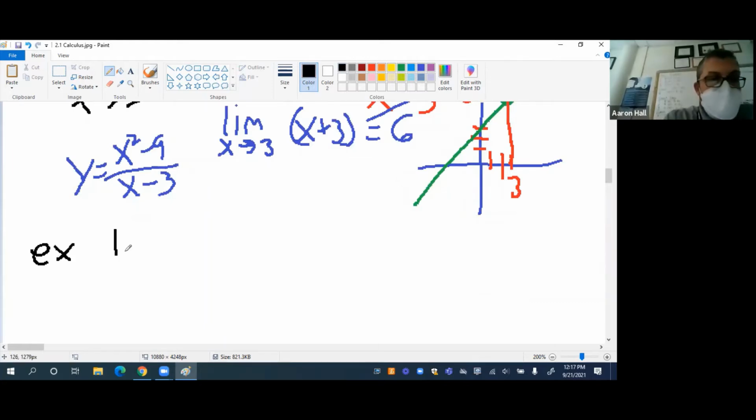Here's another example. The limit as x approaches 1 of 3x squared plus 5.